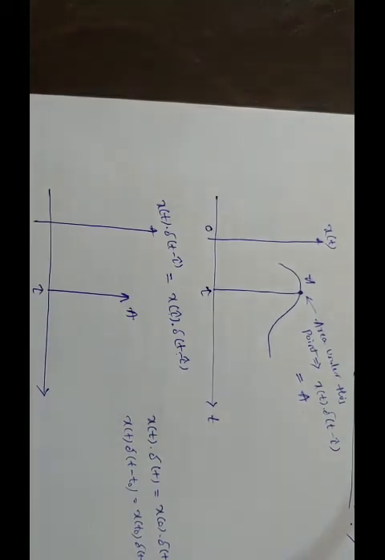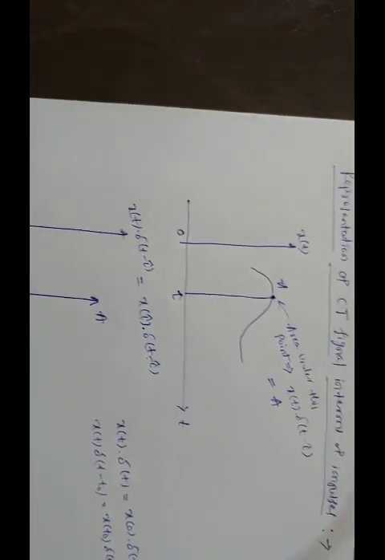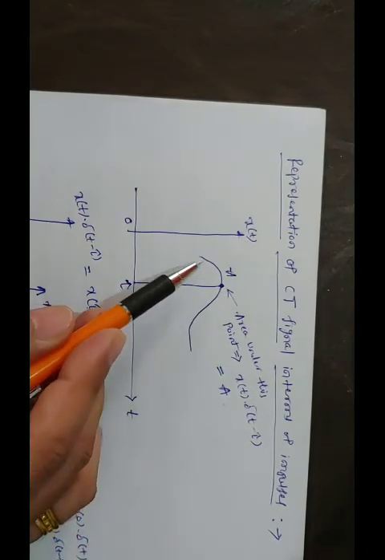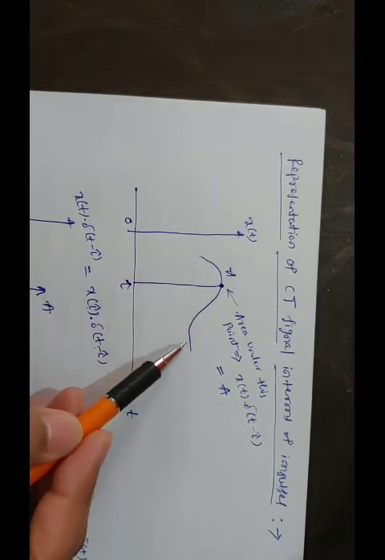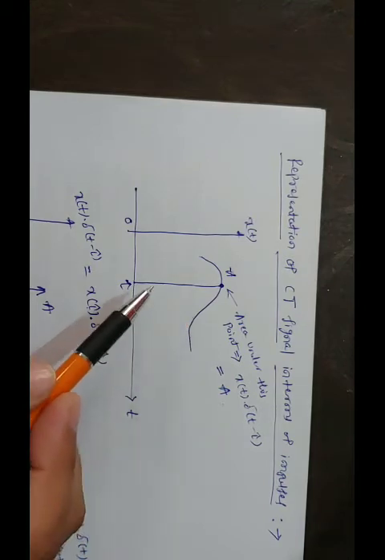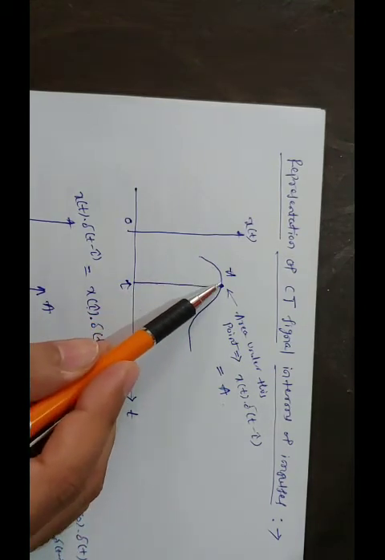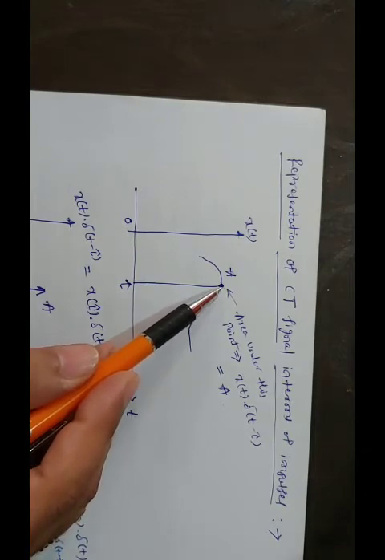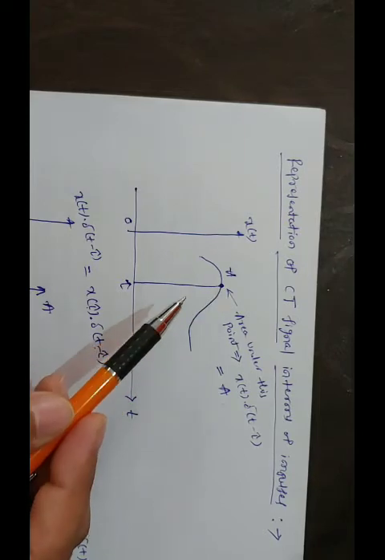Now if you consider this x of t signal, it has an infinite number of points, starting from here. We can see those points are very closely related.